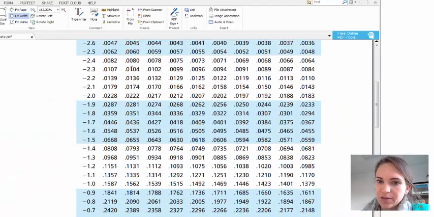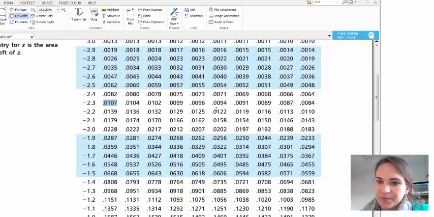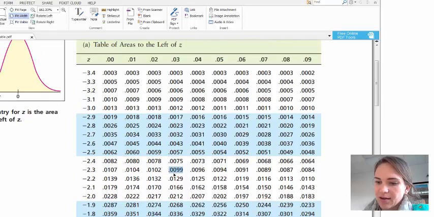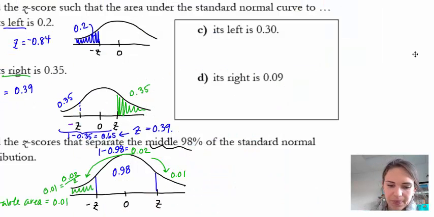0.01 must be pretty small. Here's 0.0107. I can probably get a little closer with 0.0099. That guy's only 1/10,000th from 0.01, so that's negative 2.33.